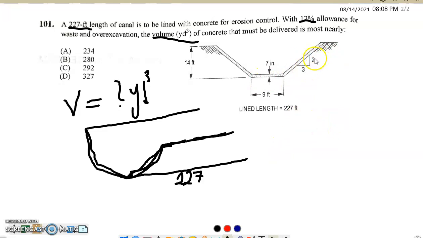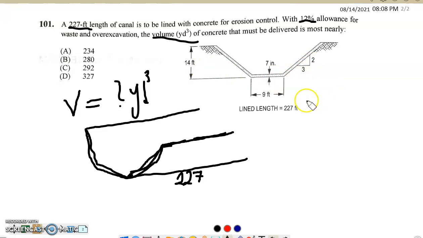So we know this is 14. Let's use geometry, 2 over 14, and we're looking for the horizontal h. I like to keep whatever I'm finding on the top, so I don't have to move things up and down.